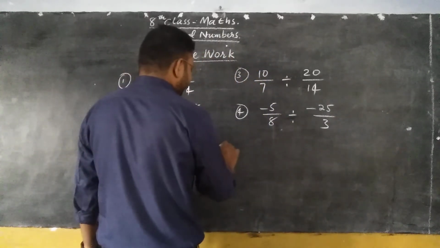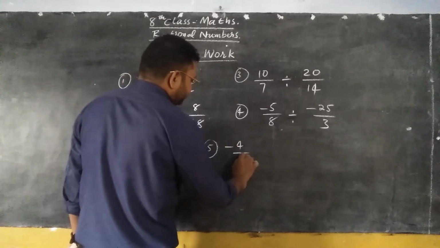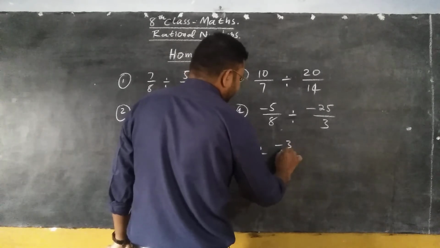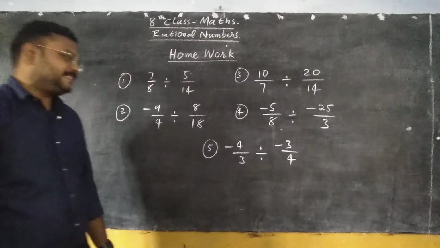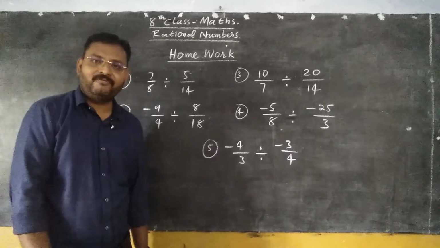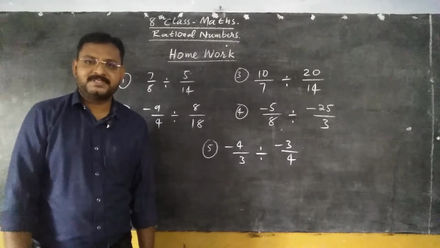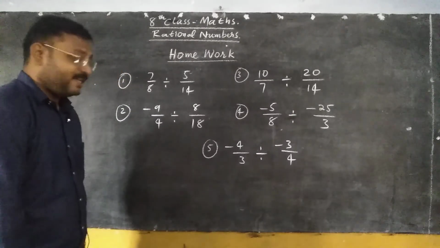Fifth and final problem, minus 4 by 3 divided by minus 3 by 4. So these are the 5 problems. You work out all these 5 problems. Check whether closure property is satisfied or not under division.